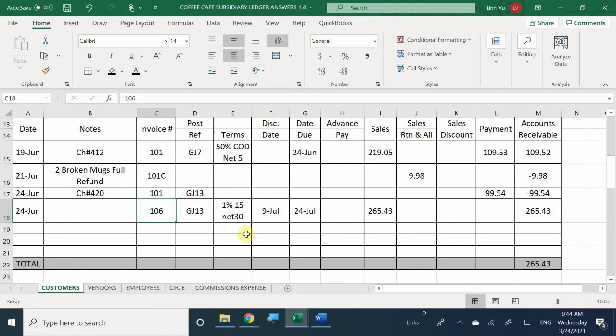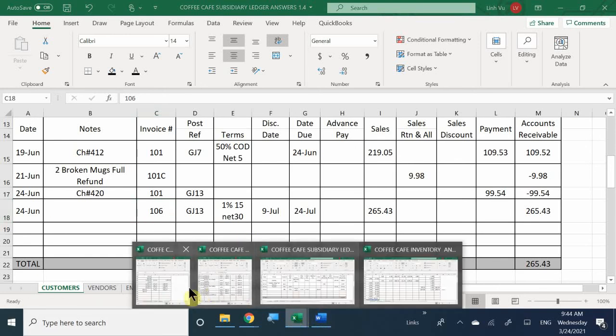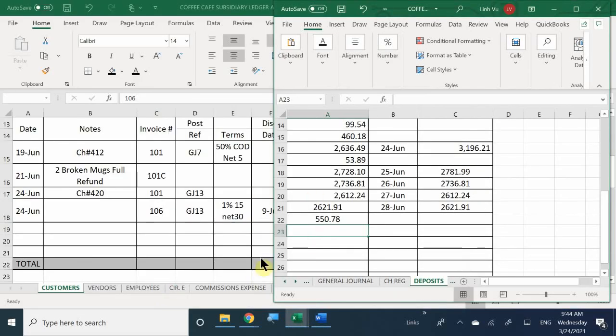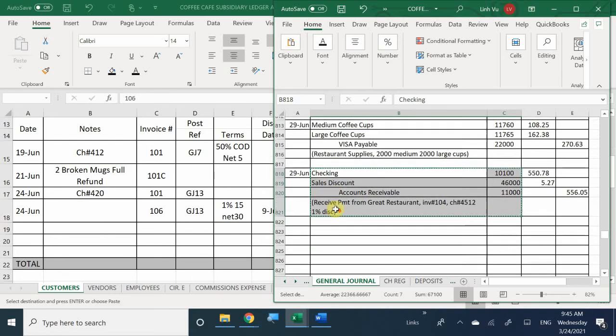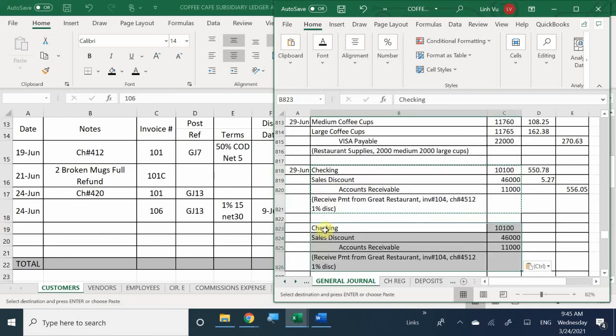So if she owes us $265.43 minus $30, so $235.43, what is her total discount? 235. Okay, let me just copy this down here.